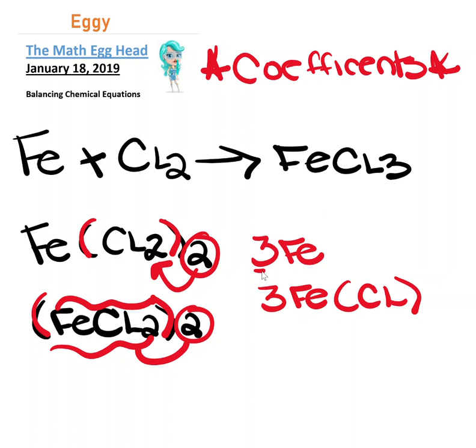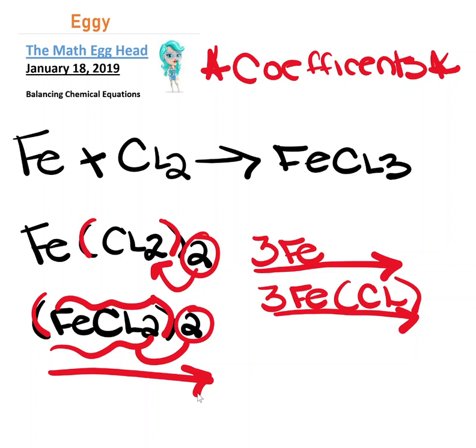No, there isn't. The coefficient always affects the entire element, okay? But the subscript usually does not. You have to just be very attentive of where the subscript lies, okay? So let me get rid of this here.